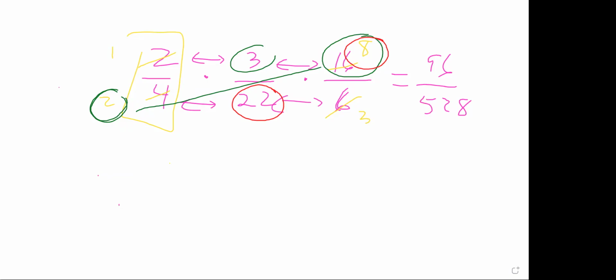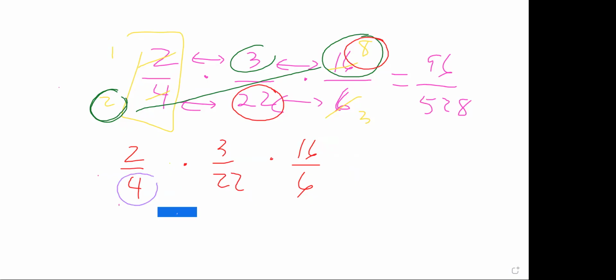So I'm going to rewrite the problem again because it's a little messy. So I had 2/4 times 3/22 times 16/6. So I can reduce 4 and 16, right? 4 will go into itself one time.